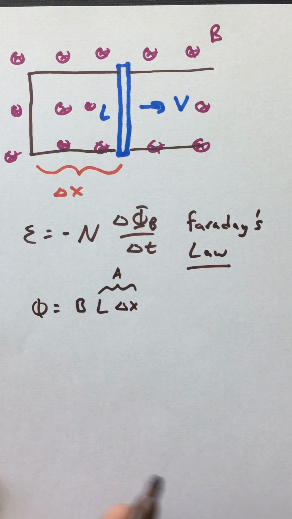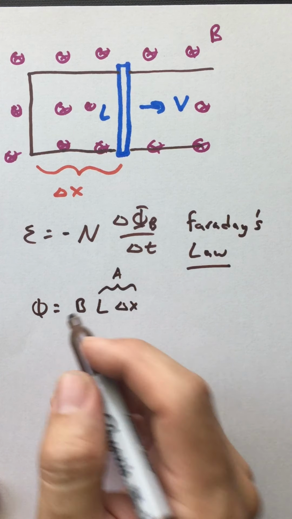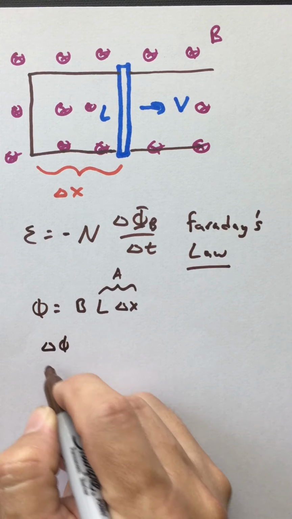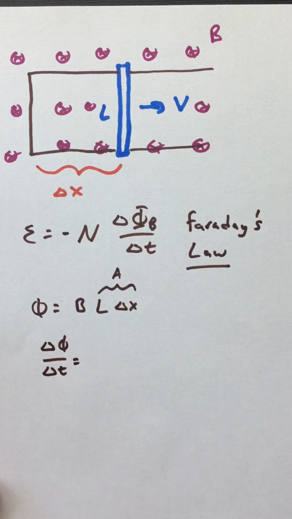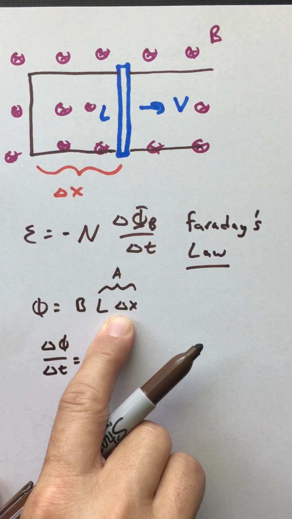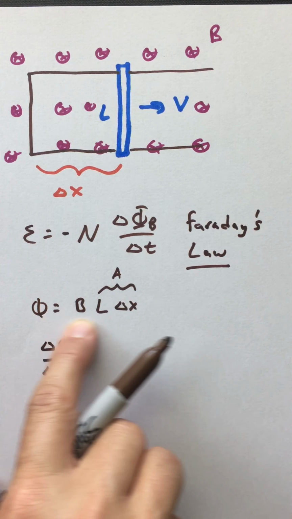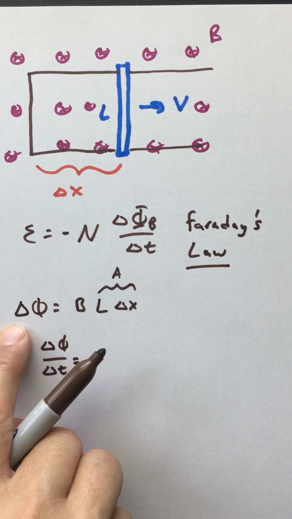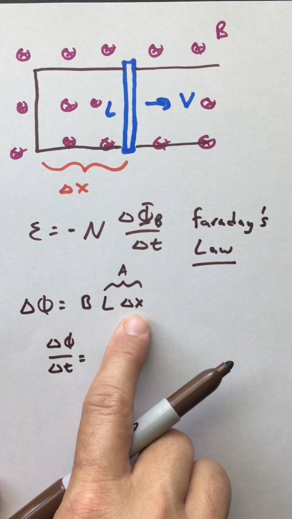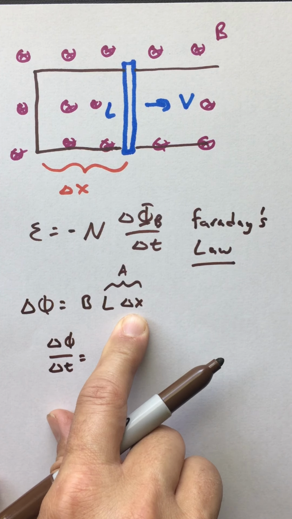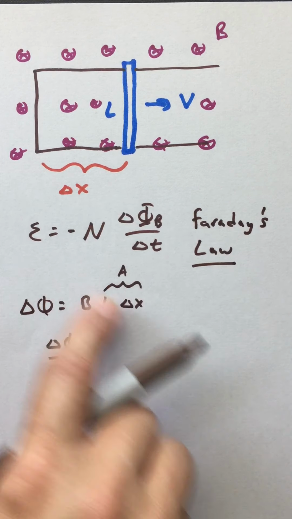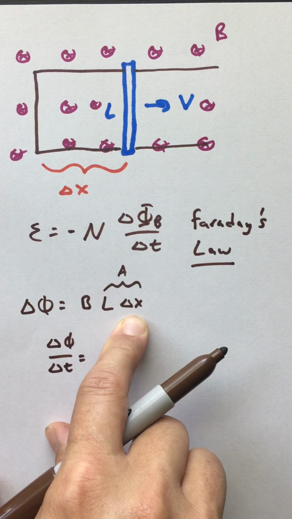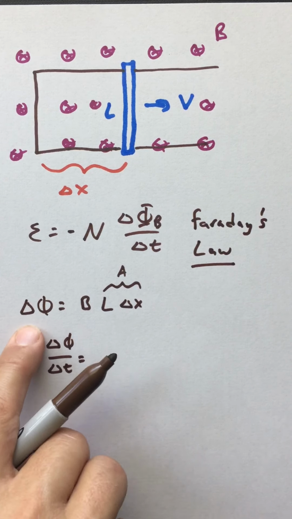Now, how does it change in time? Well, I can say that delta phi over delta t. Notice that this actually is a change in flux, because I've got this delta x. The flux at any point would just be x, but because I wrote delta x, I'm recognizing that the x is changing and therefore the flux is changing. My apologies for that.